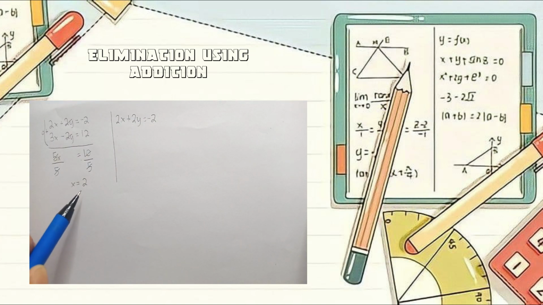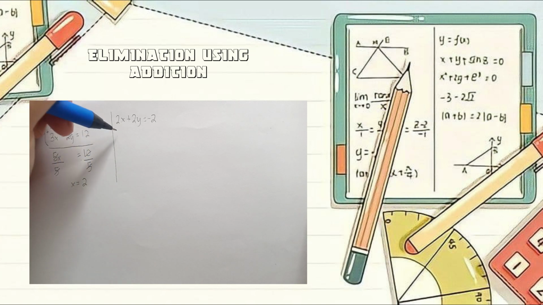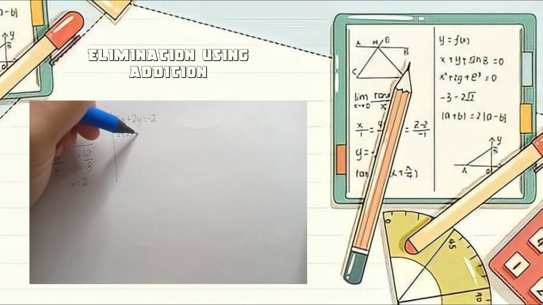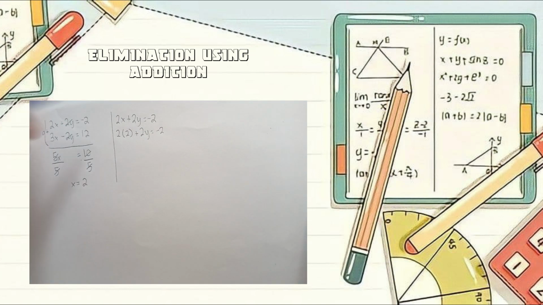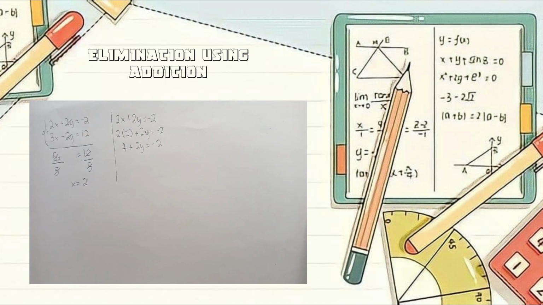We will input the x to this variable. So 2 times 2 plus 2y is equal to negative 2. If we multiply 2 times 2, we will get 4 plus 2y is equal to negative 2.